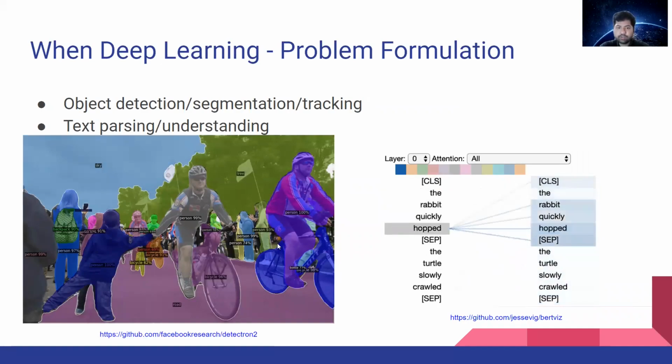So it's very important to realize this if you want to build a system such as a self-driving car. Another example is text parsing or text understanding. If you want to parse your text, see what the meaning of your sentence is, or what the key components in your text are, deep learning usually works very well on these types of problems.